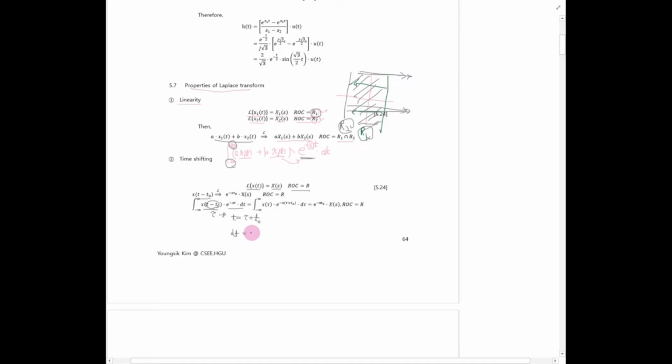Then by use of change of variable, we can show that the same integration is given like that. There is some factor e to the minus s t0, that's this part, and X(s) equals this part. The region of convergence for the integration should be the same, because the integration range is the same, so the requirement for s should be the same.